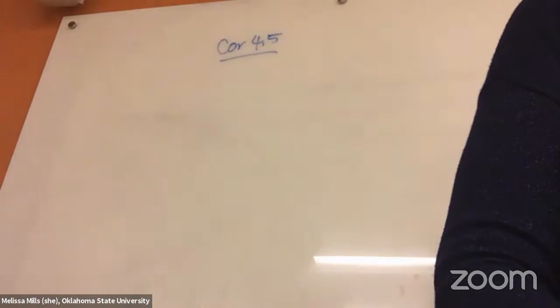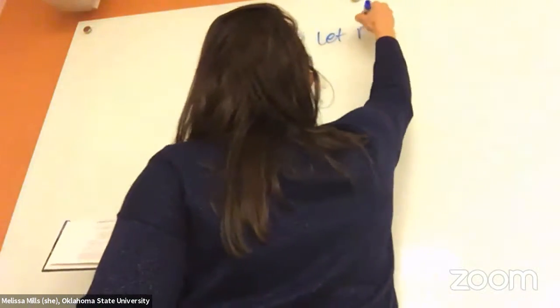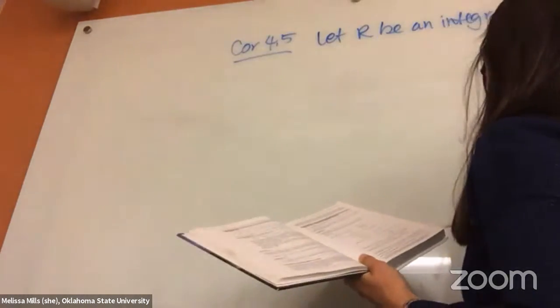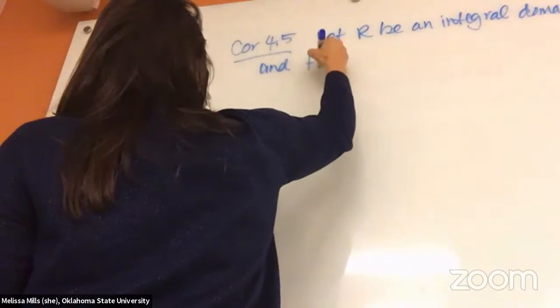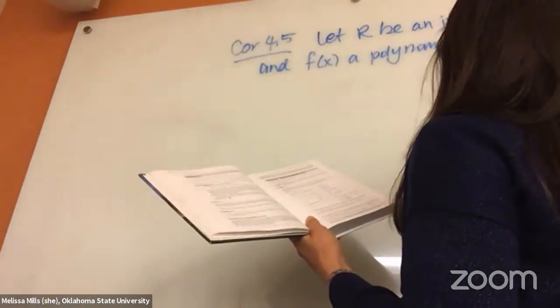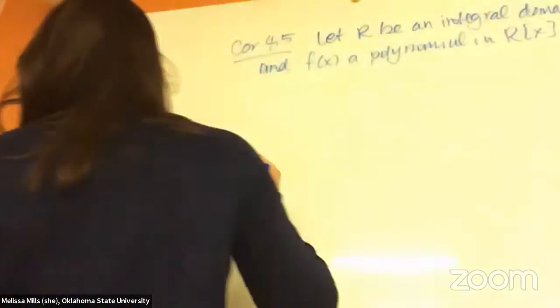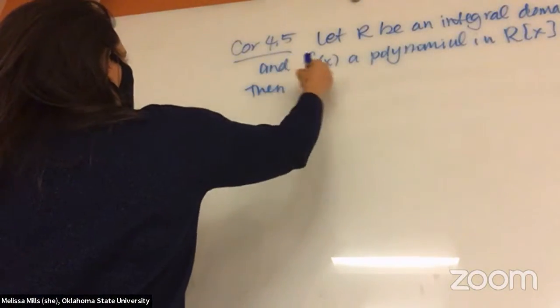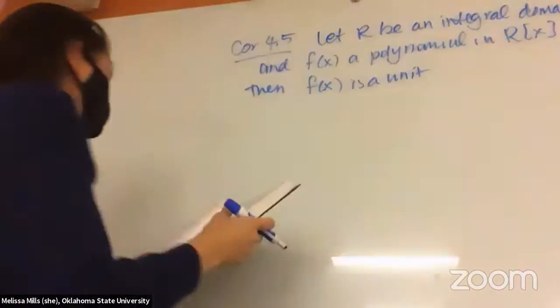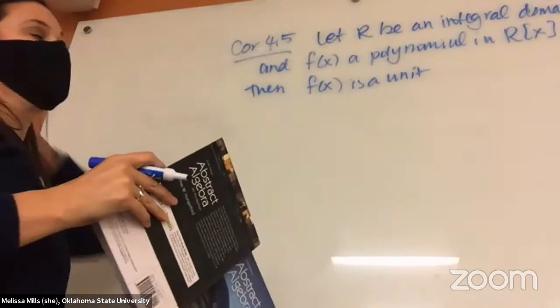So here's: let R be an integral domain and f(x) a polynomial in R adjoin x. Okay. f(x) is a unit in R adjoin x.